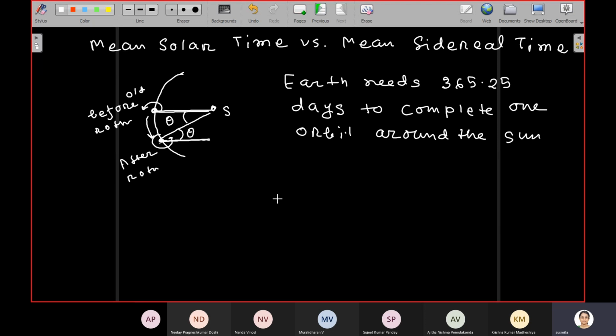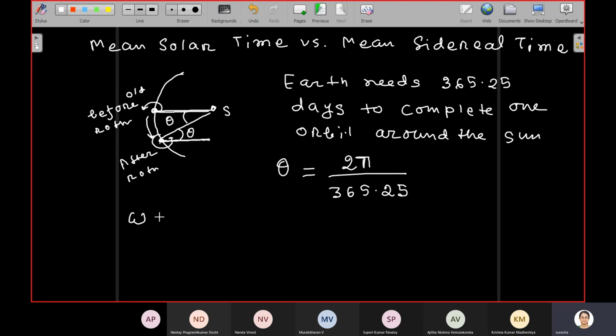So how much will it move in a day? So it moves 2 pi in 365.25 days. So theta will be 2 pi by 365.25. So this is the angle theta.